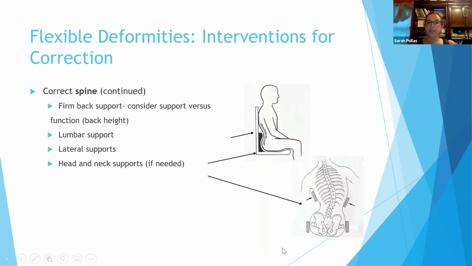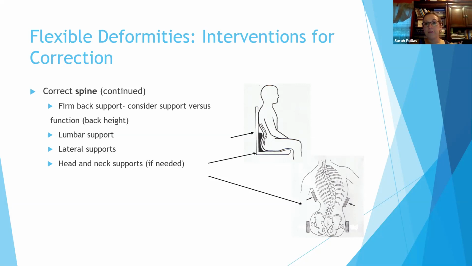So in order to do this, you want to try to provide a firm back support. So a lot of people are familiar with lumbar supports because they're sort of marketed towards the general population. So you could use something like that if you have access to that. I'm going to show you another example later on in the presentation.